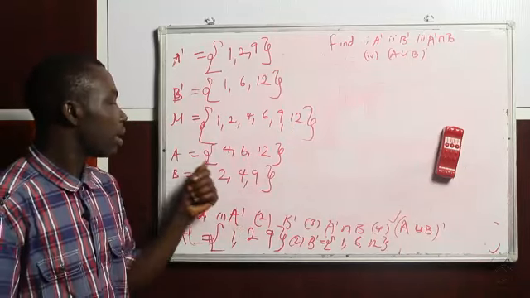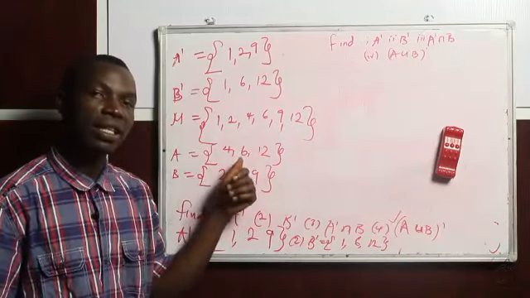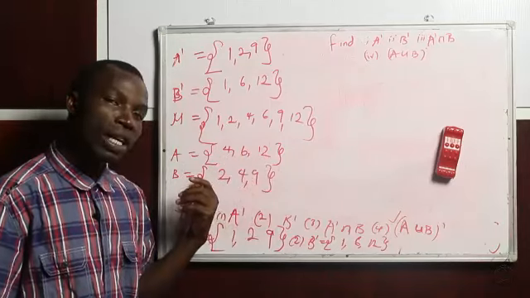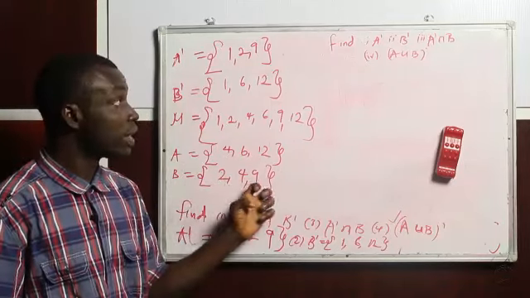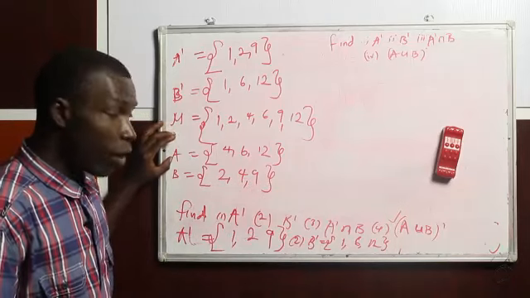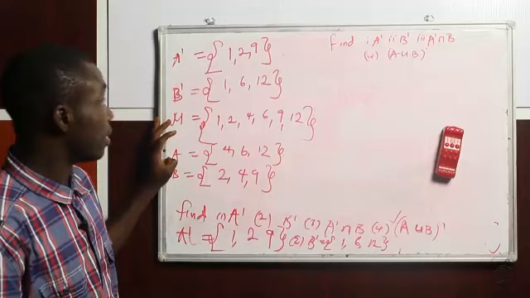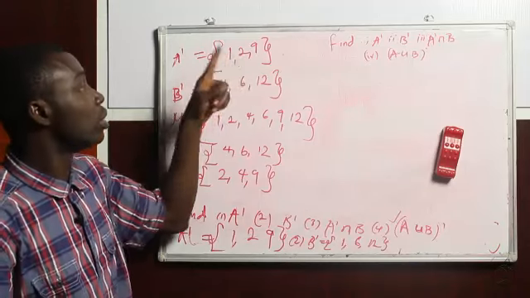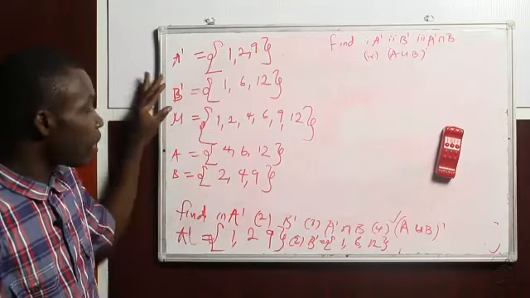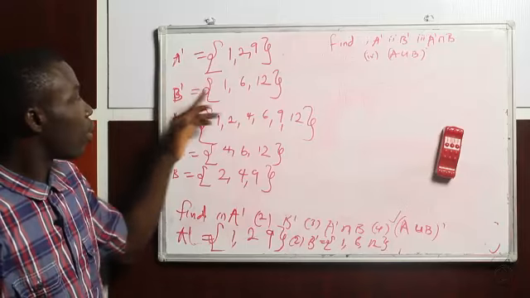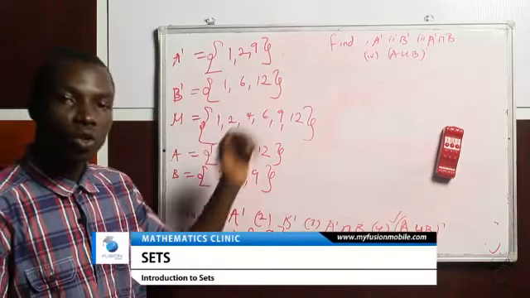Our A is 4, 6, 12. Our B is 2, 4, 9. A complement, as I've solved earlier, is 1, 2, and 9. Our B complement is 1, 6, and 12.